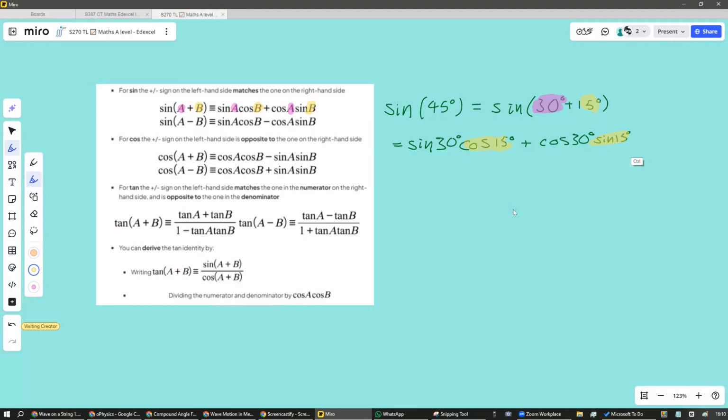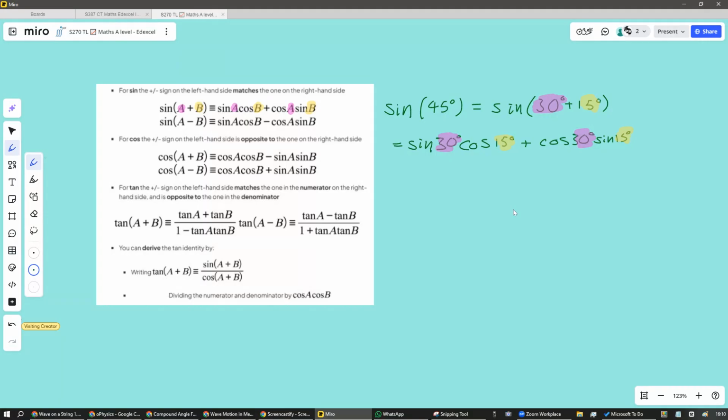I'm not going to do the same with all the rest of them, but just to make sure we understand what these compound angle formulae are. Now, the double angle formula is essentially when we're talking about two angles that are the same.